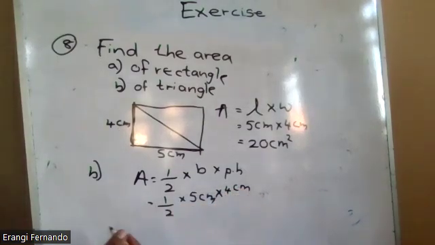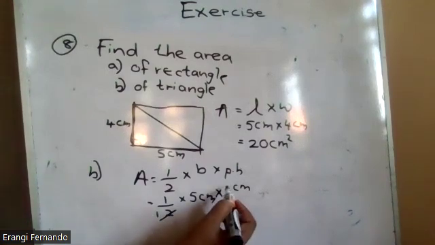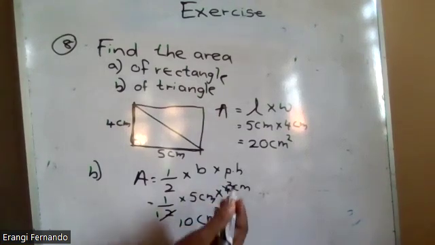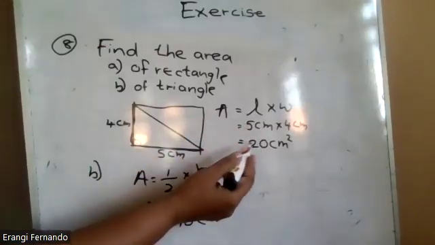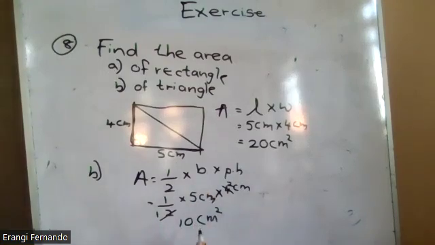Let's simplify: the 4 and 2 you can divide both by 2. 2 divided by 2 is 1. 4 divided by 2 is 2. 5 times 2, 10 centimeters squared. If not, say half of the rectangle is the triangle. So 20 divided by 2 is also 10 centimeters.